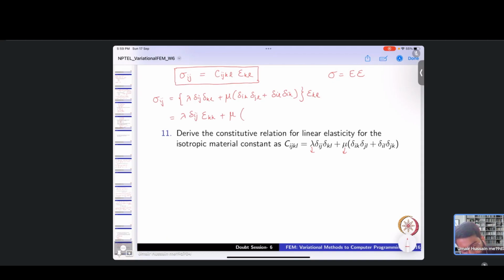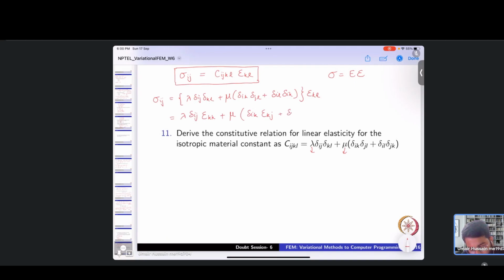First by delta jl, so it becomes delta ik times epsilon, where l can be replaced by j in epsilon.